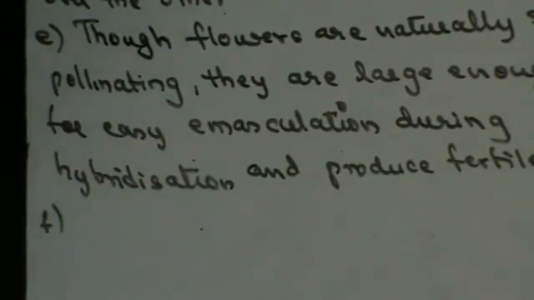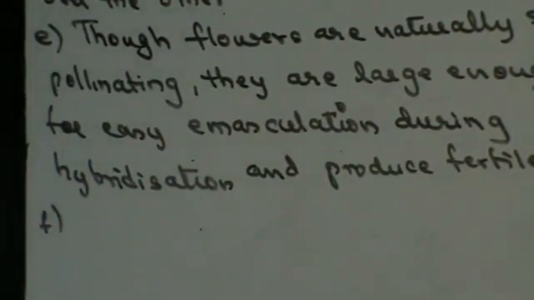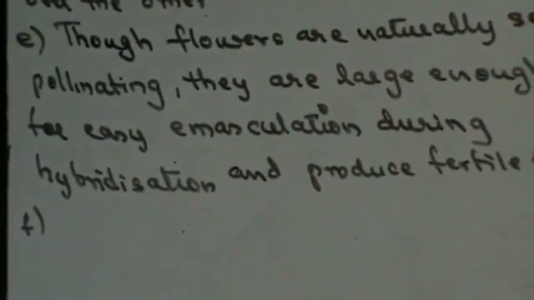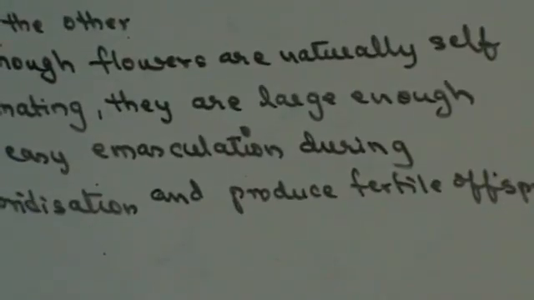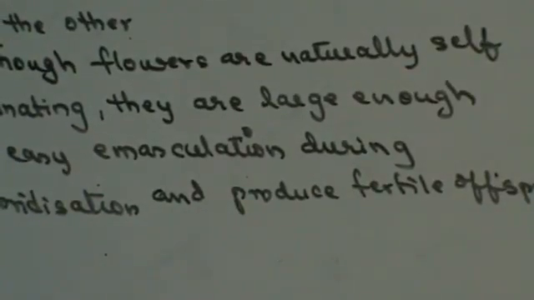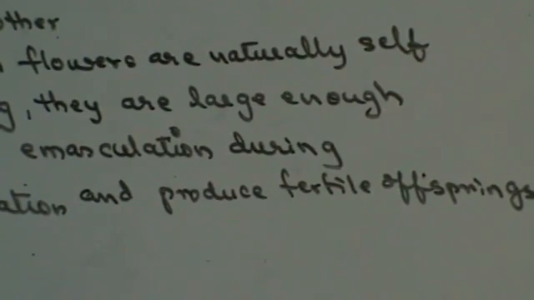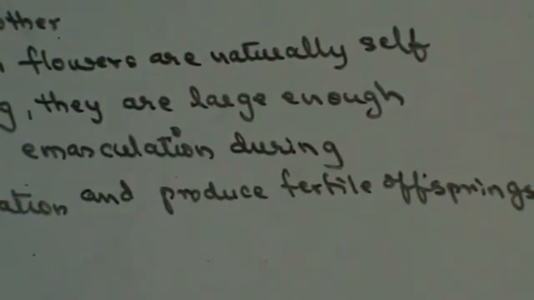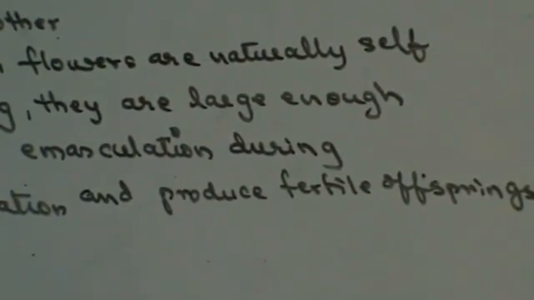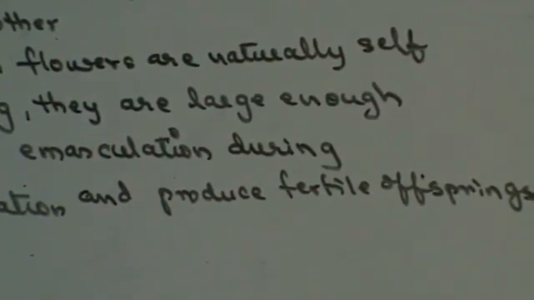Right? Now, another important point is that it has contrasting characters. It has 7 contrasting characters, and the 7 contrasting characters are available on 7 different chromosomes. That is another unique feature of this plant, right?